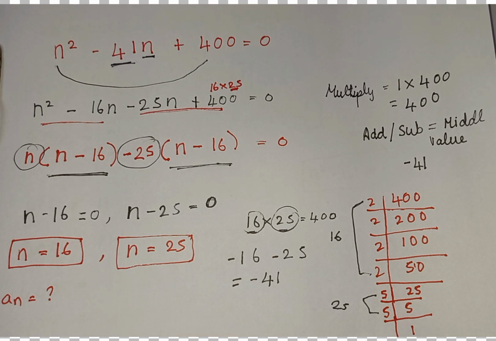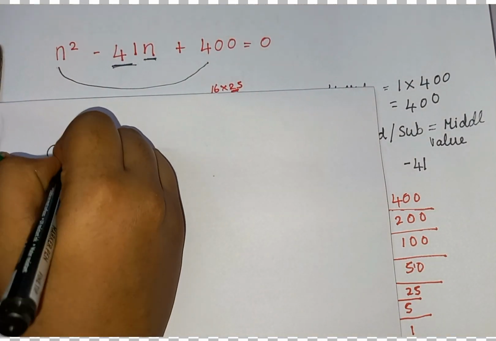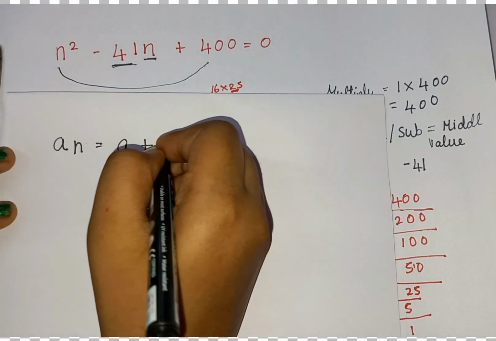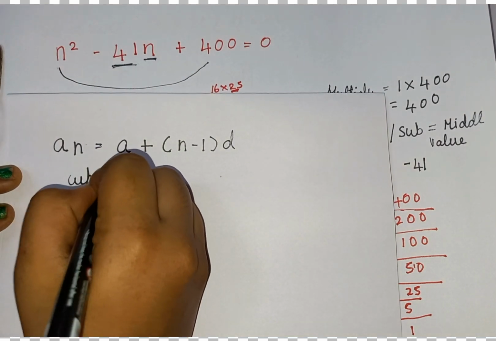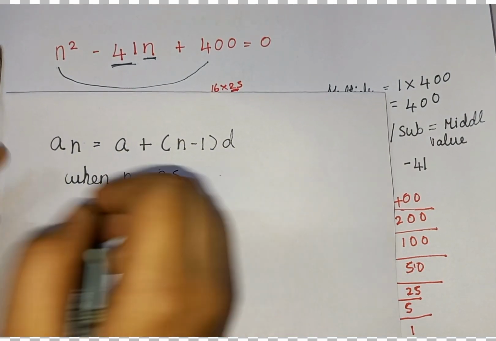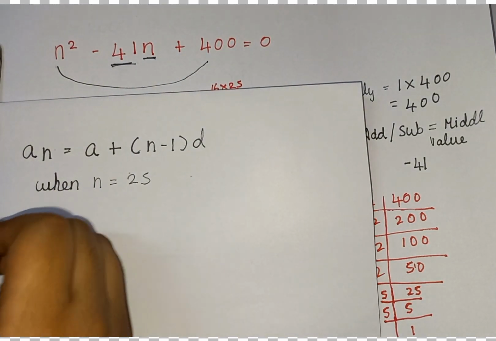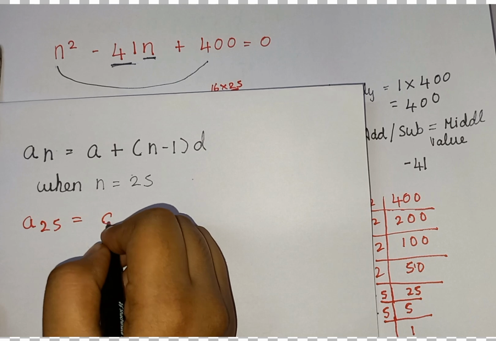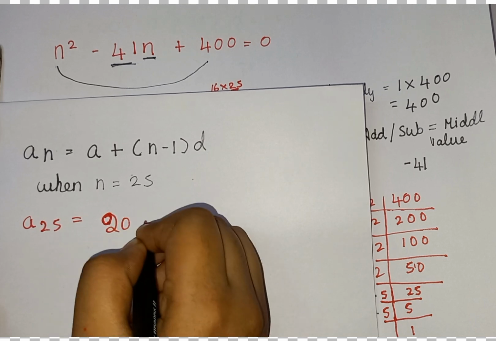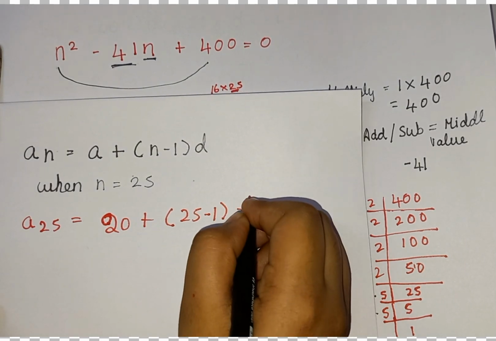So now again I am going to use the a_n formula. In that I'm going to use n is equal to 25. So let us write a_n is equal to a plus n minus 1 into d. So here when n is equal to 25, let us substitute the values. a25 is equal to a value is 20, 20 plus n value is 25 minus 1 into minus 1 and close the bracket.